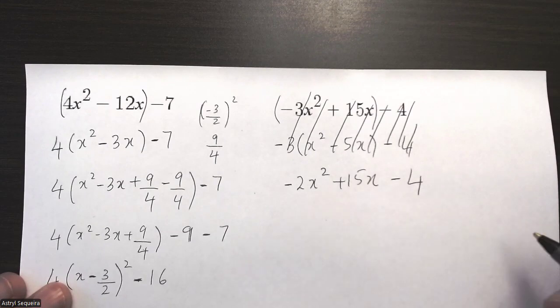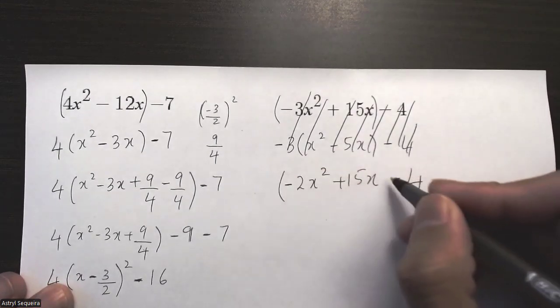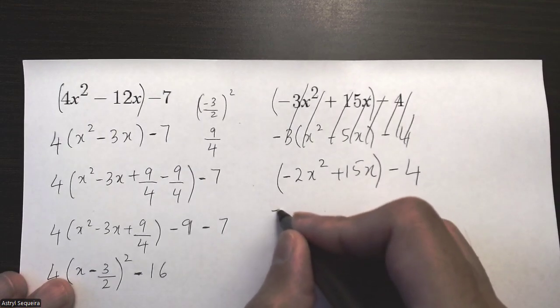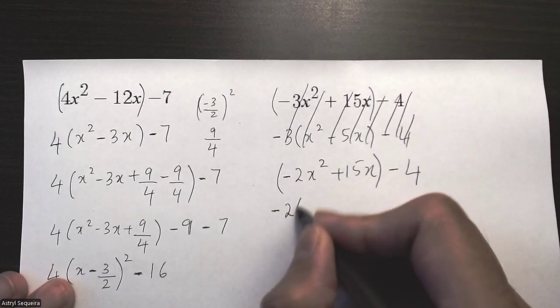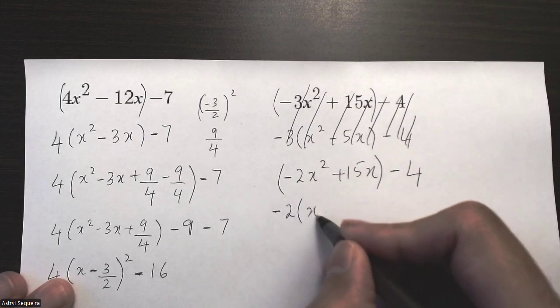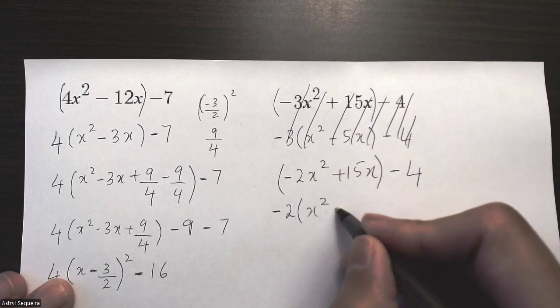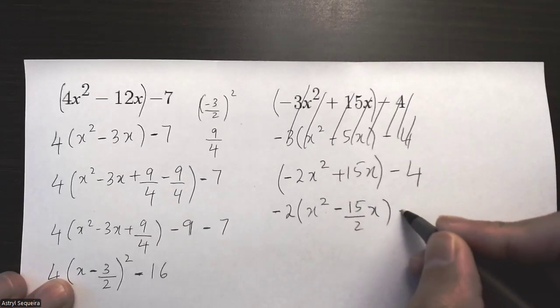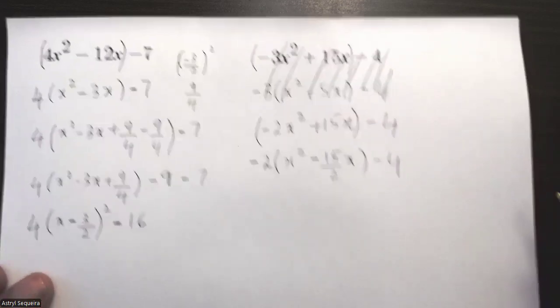Here's the fix over here. So I start by bracketing my first two terms, then I'm going to common factor out negative 2 because you have to common factor out your a value. And now you're left with x squared minus 15 over 2 x minus 4.